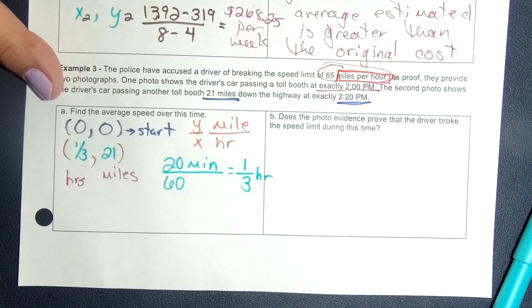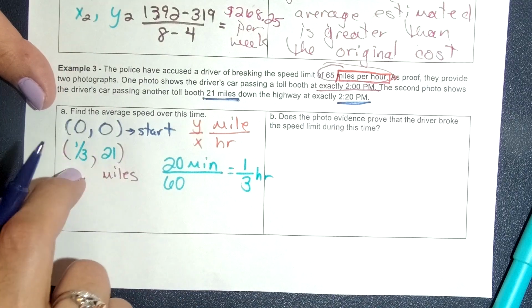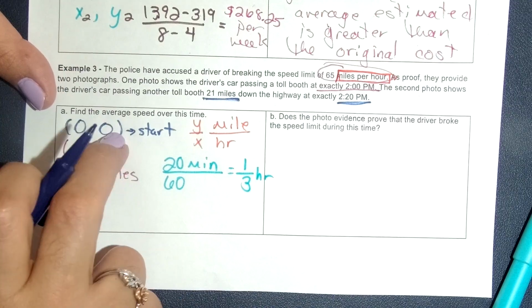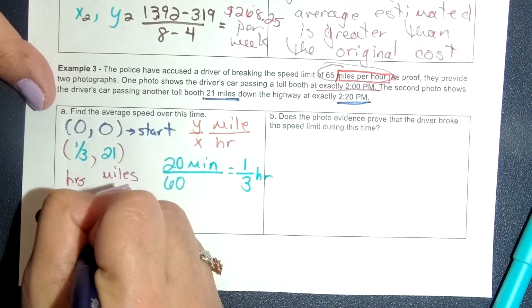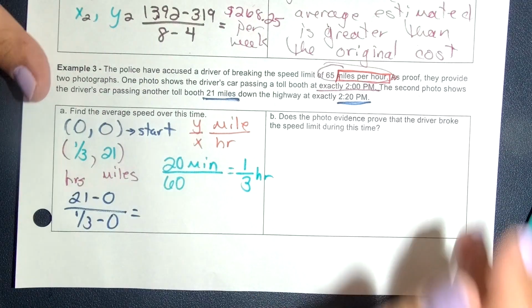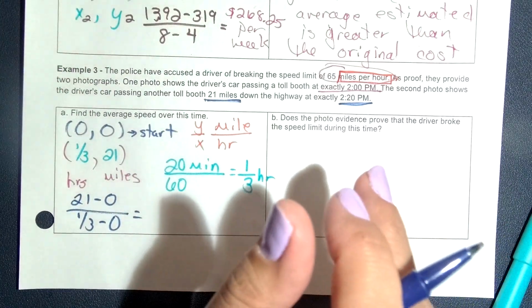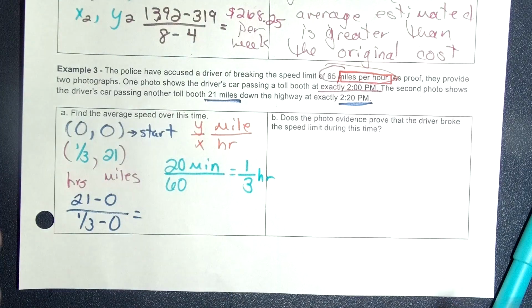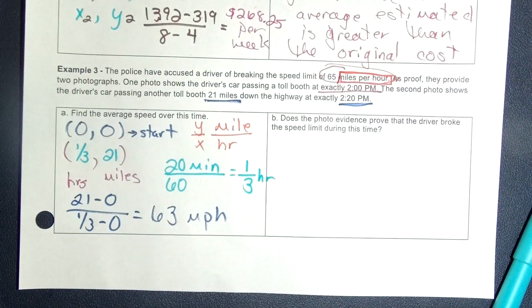Okay, so now we have my x2, y2, x1, y1. So 21 minus 0 over 1/3 minus 0. When you put it into your calculator, you get 63 miles per hour.